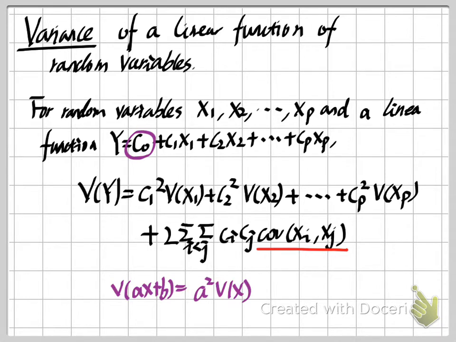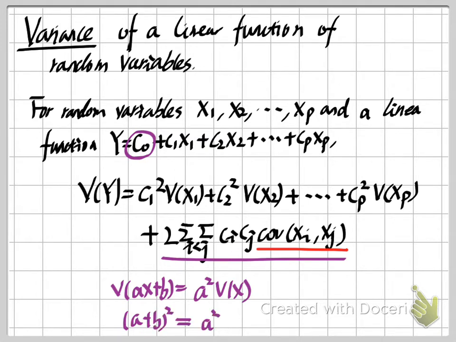Okay, and then the second thing is about the quadratic term. This is because if two random variables are not independent of each other, then except for the variance, we will also have the quadratic term. Here you can think of it like taking a plus b and squaring it.